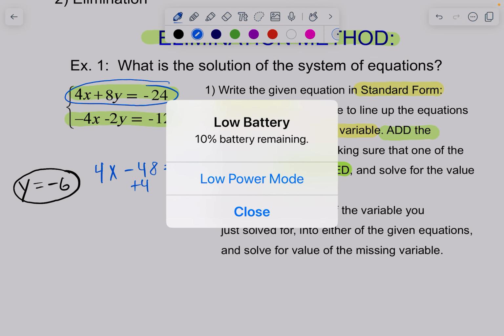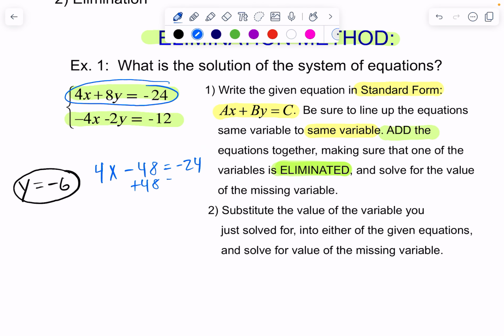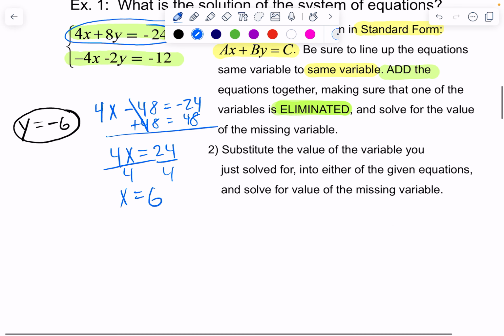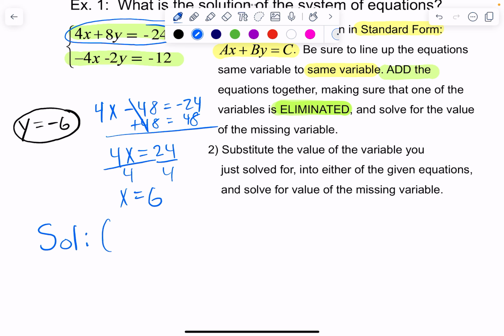Add the 48 to both sides, and 4x equals 24. Divide by 4, and x equals 6. So my solution is 6, negative 6.